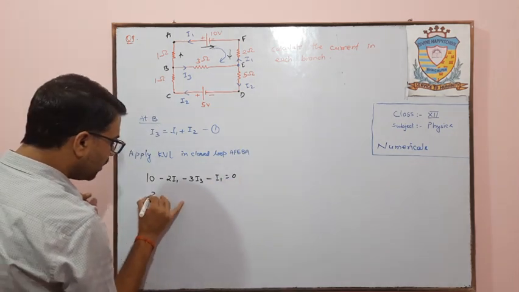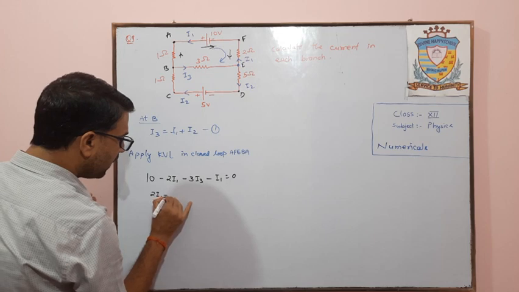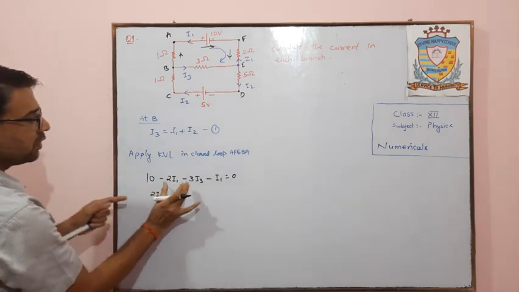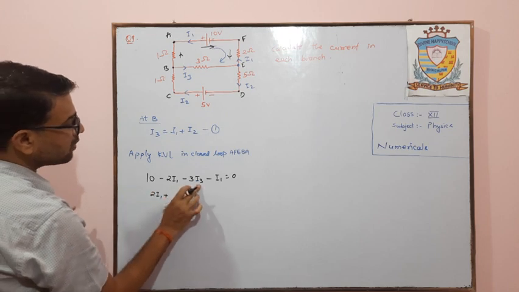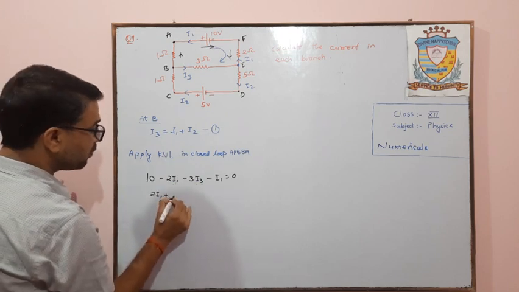Or we can write 2I1 plus, okay, we'll shift this one to the right-hand side. Here we have 10. In place of I3 we can now put I1 plus I2.